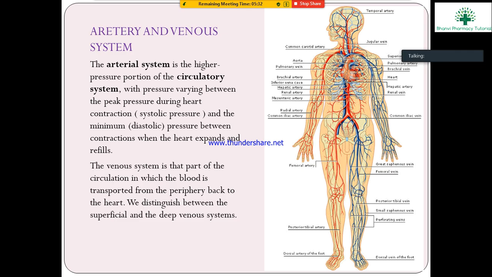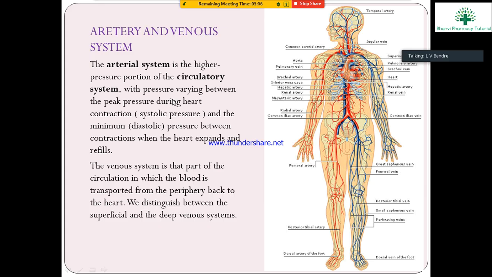Next, the arterial and venous system. The arterial system is the higher pressure portion of the circulatory system. In the diagram, the blue color is deoxygenated blood, which is in the veins, and the red color is the arteries. Arteries contain oxygenated blood, and veins contain deoxygenated blood.